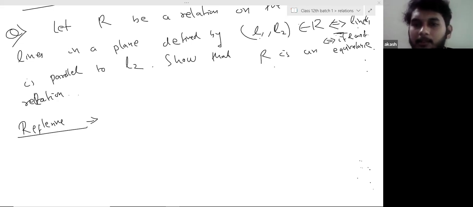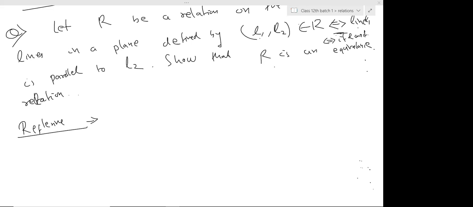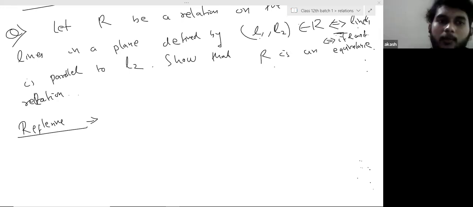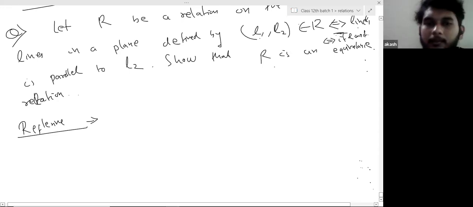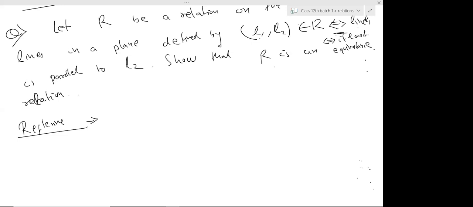In a reflexive relation, for example, 1 should have (1, 1), or 2 should have (2, 2) as its elements. Right. So in this question, what should happen if this relation is to be reflexive? Then L1 and L2 should be parallel with itself.